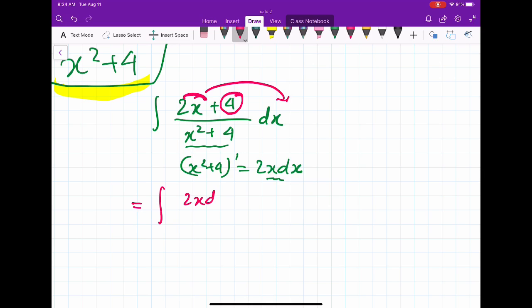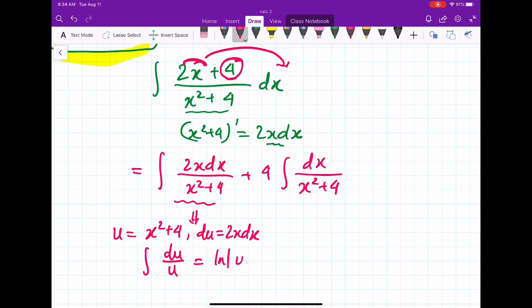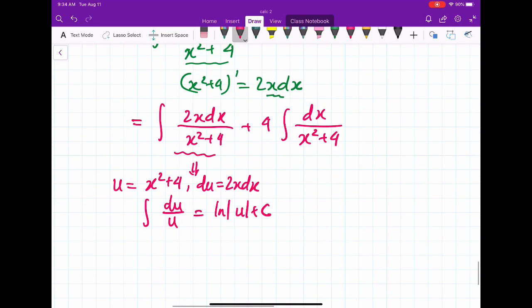Again, you have 2x dx divided by x squared plus 4, and then plus 4 times dx over x squared plus 4. Perfect. This is already done, because you can put u equal to x squared plus 4, and you get du is 2x dx, and your integral is nothing but du over u, which is ln of absolute value of u plus c, or ln of absolute value of x squared plus 4 plus c.